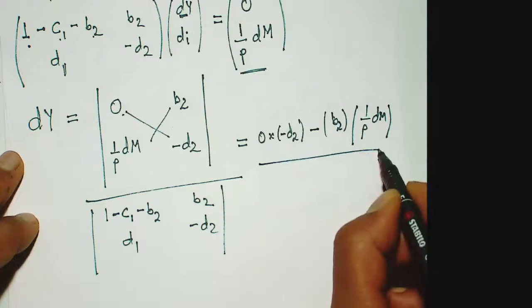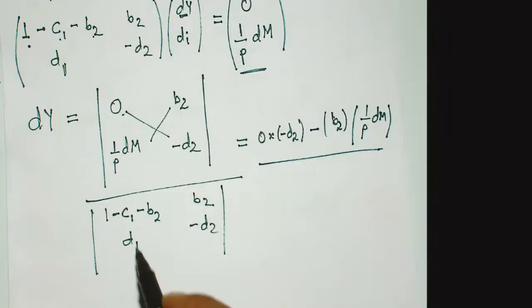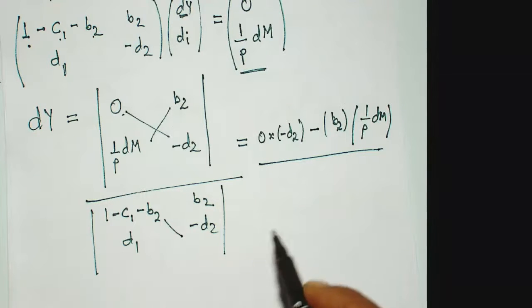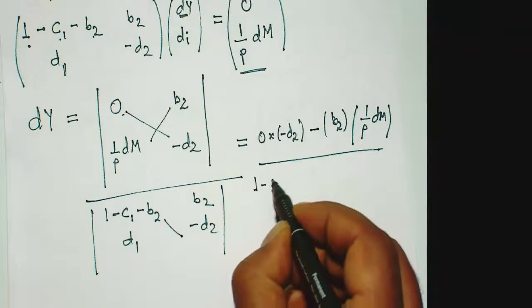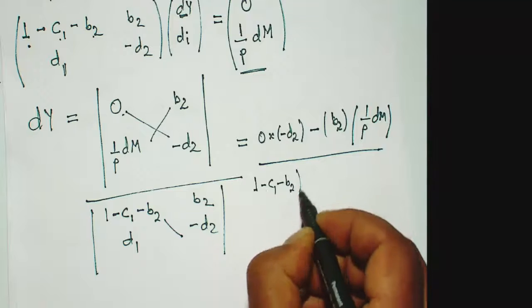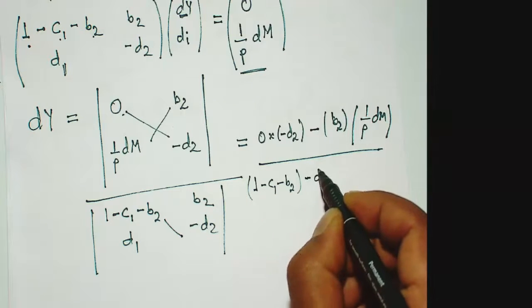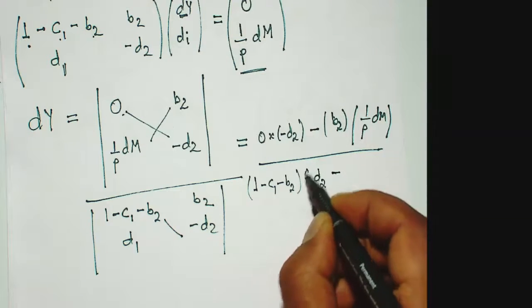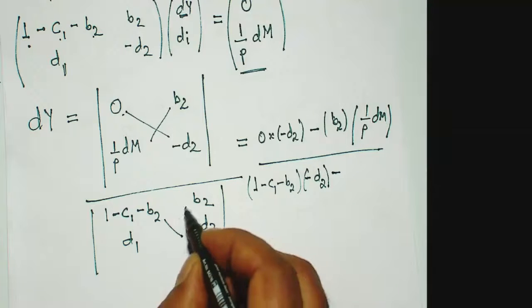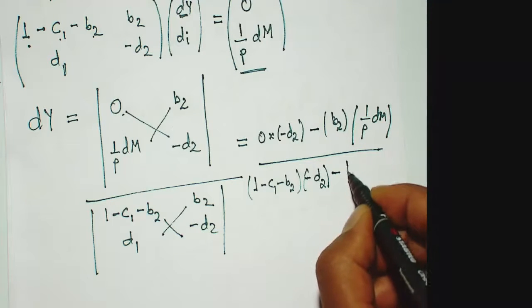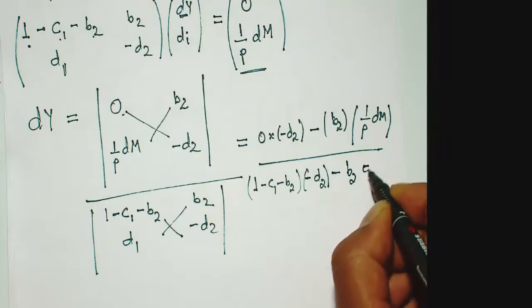This entire term is divided by the determinant of this matrix. So first I would take 1 minus C1 minus B2 multiplied by minus D2, minus the other diagonal term, which is B2 multiplied by D1.